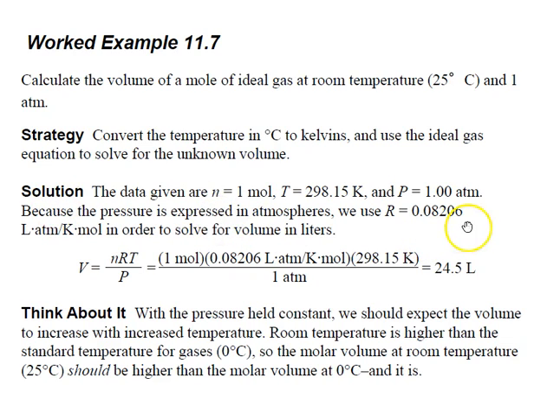We want a gas constant, and there's more than one gas constant. The gas constant you want is the one that will actually cancel out the units that you're given. In this case, we want one that has liters, atmospheres, Kelvin, and moles. This one has a number of 0.08206, and then here are the units: liters and atmospheres in the numerator, Kelvin and moles in the denominator.